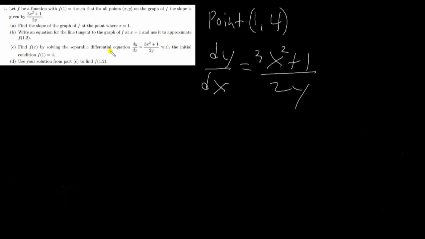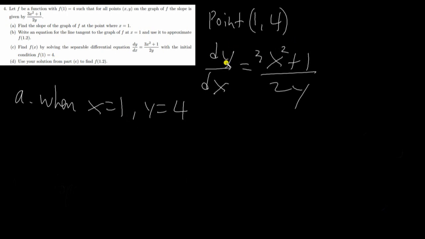for this function f. And then part A, we need to find the slope of the graph of f at the point where x equals 1. So when x equals 1, since we know that f of 1 is 4, we know that when x equals 1, y equals 4, right?